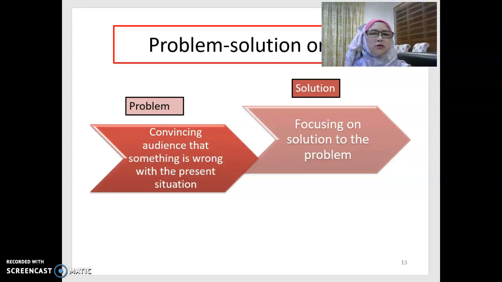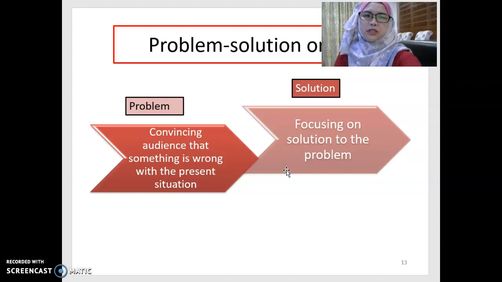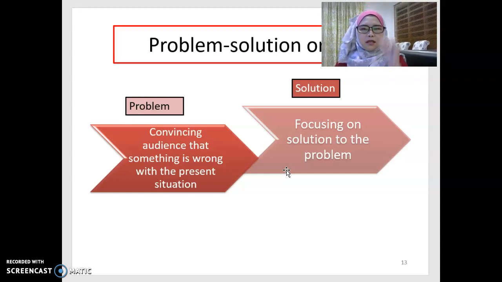Then after that, talk about the solution. That means, what is it that you are trying to promote to them? Are you promoting that they sign a petition? This is like the common one. As a member of the student body, perhaps you would like to speak to the management committee and suggest to them that you want to have water heaters at the hostel, just at least one.